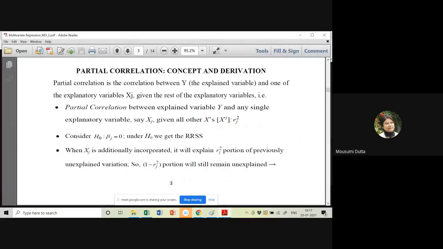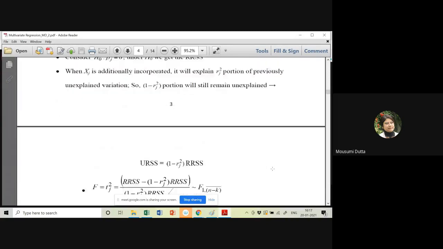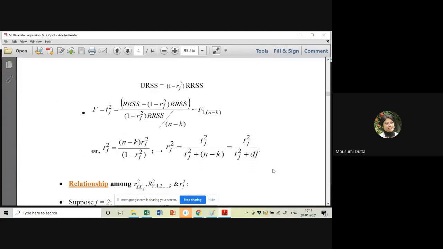So when xj is additionally incorporated, it will explain Rj square portion of previously unexplained variation. Unexplained variation means RSS. So 1 minus Rj square portion will still remain unexplained. So we can write URSS is equal to 1 minus Rj square RRSS.